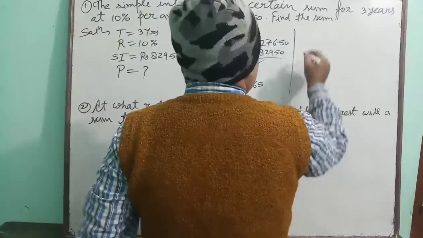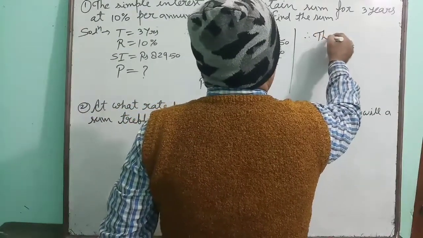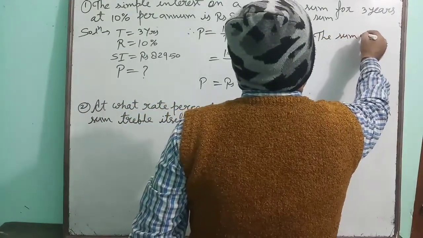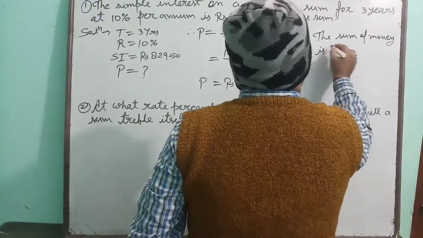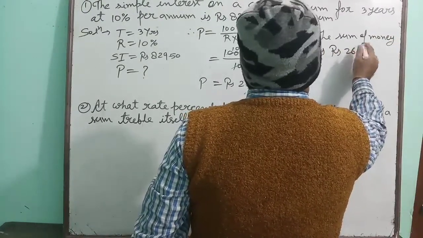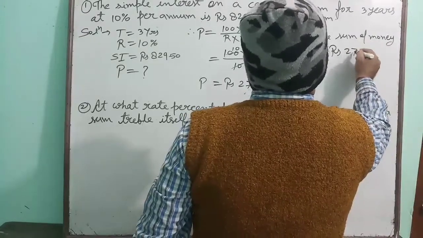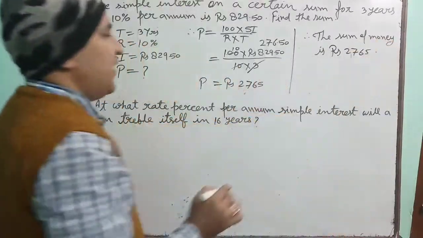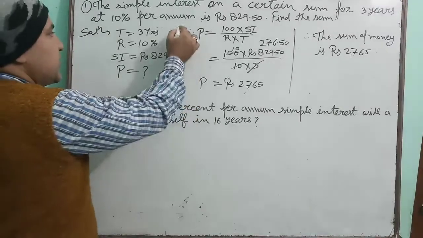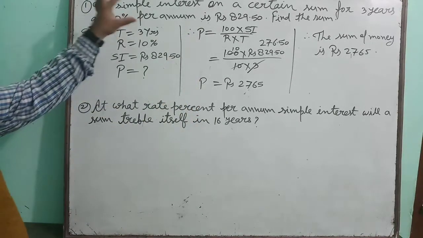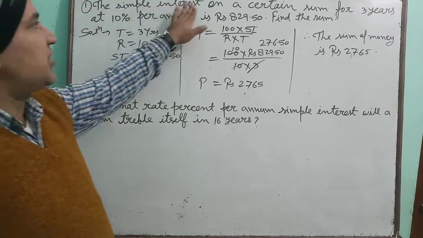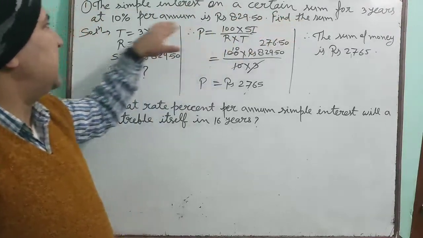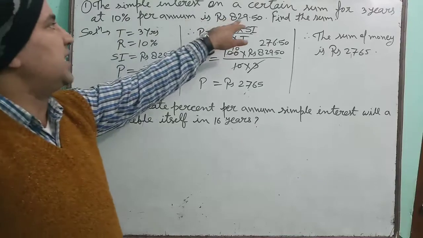That means, what is your answer? Therefore, the sum of money is rupees 2,765. Understood? This is the question. By reading the question, we have noted what the given points are. The simple interest on a certain sum for 3 years at 10% per annum is this.